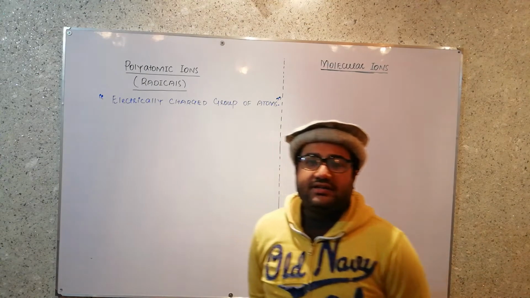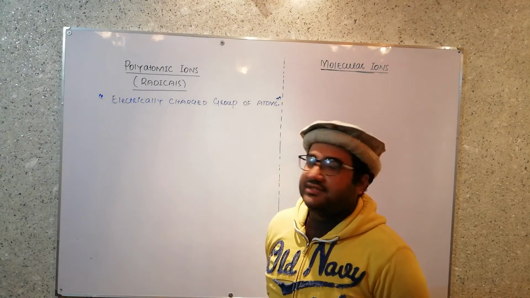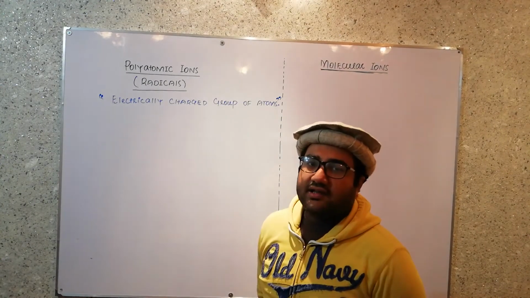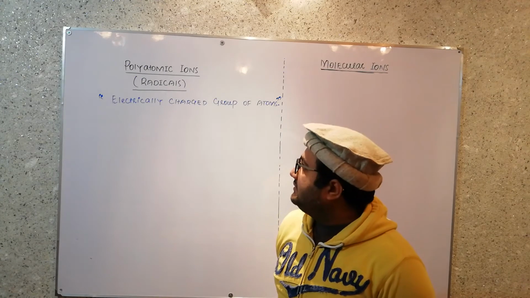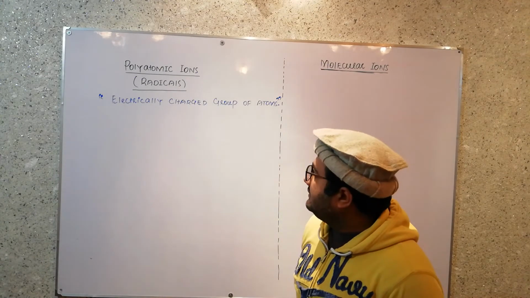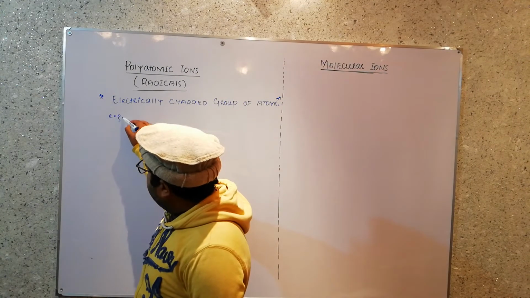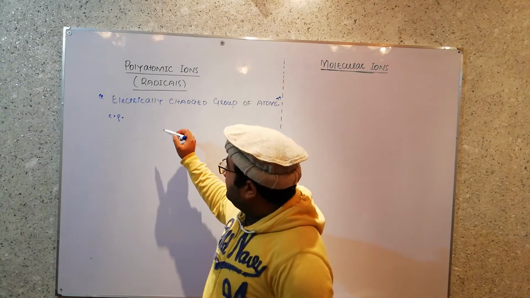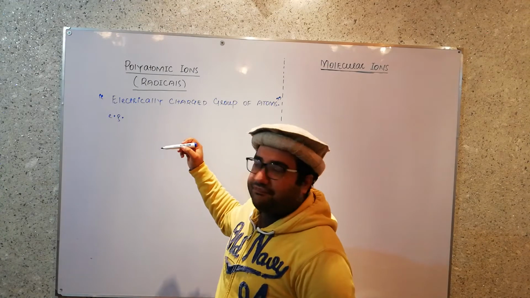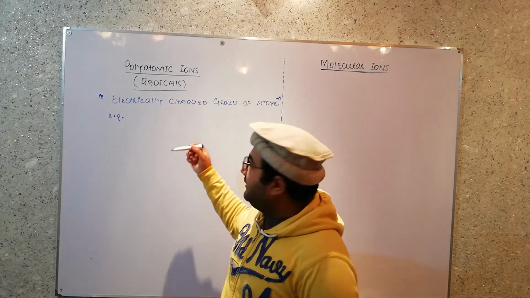The electrically charged group of atoms that are called the polyatomic ions, or they are called the radicals. For example, polyatomic ions may have positive or negative charge.